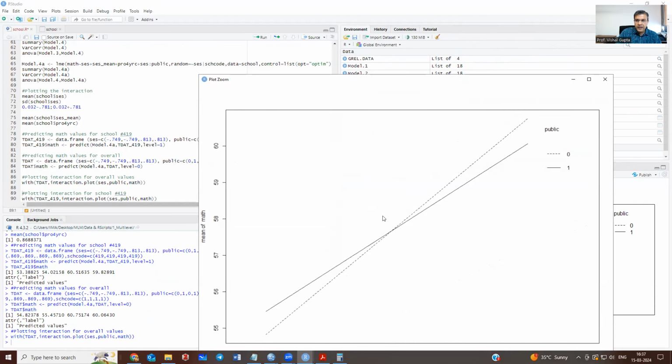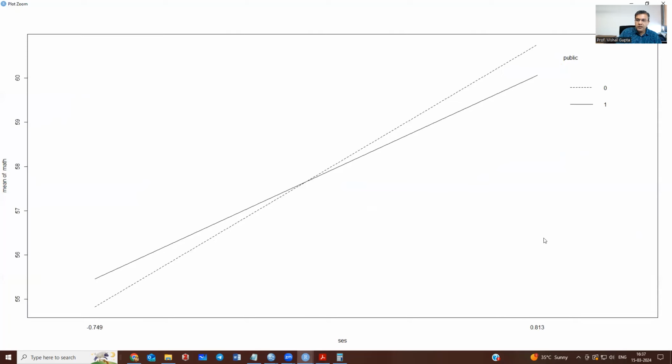Now can you see you have got this plot? This is what we expected. Because there is a negative interaction coefficient, we expected that for public is equal to 0, we will have a steeper line as compared to public is equal to 1, right?